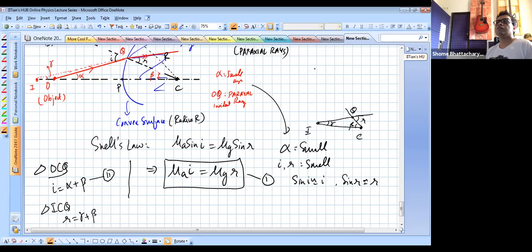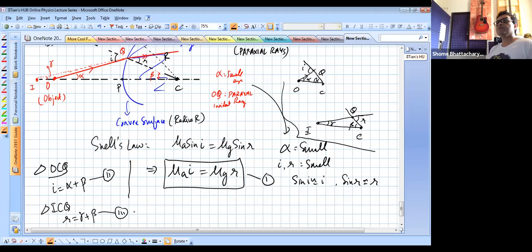Whereas in the other triangle OCQ, it was like this. Alright. So understood now how this is working out. Okay, so this becomes my third equation.